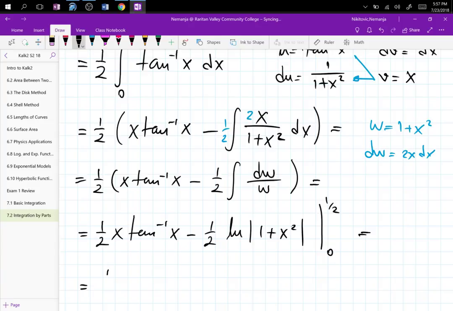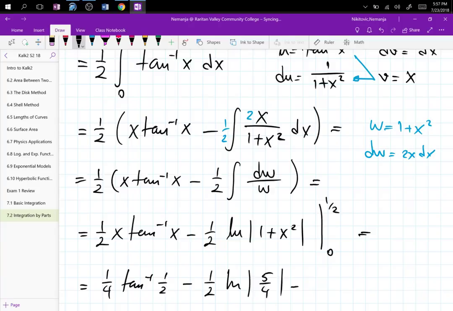So when I plug in 1/2, I get 1/4 tangent inverse of 1/2 minus 1/2 ln of 5/4, minus the 0 inverse tangent 0, and next that all dies.